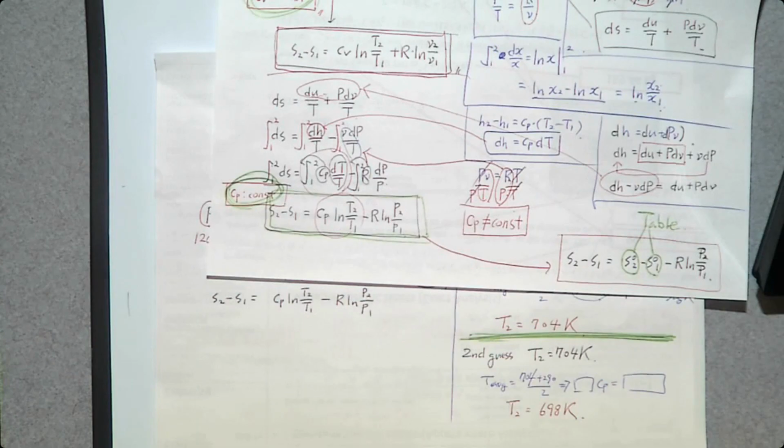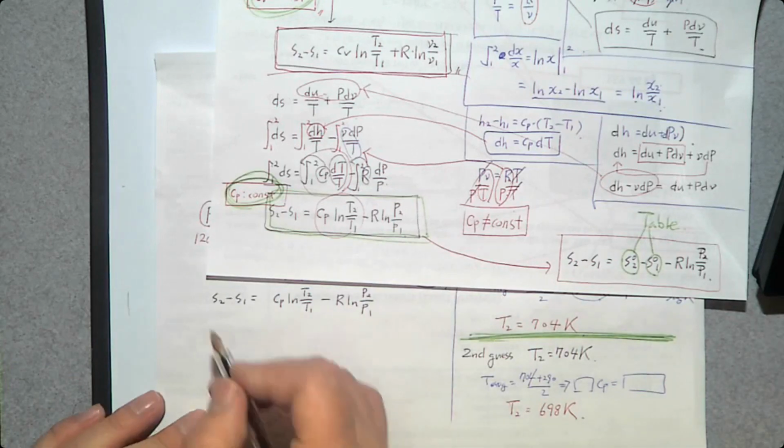Am I right? Not necessarily. We're calculating the change in specific entropy, not the total entropy. So if you want to calculate the total entropy change, you need to multiply by the mass of the system.